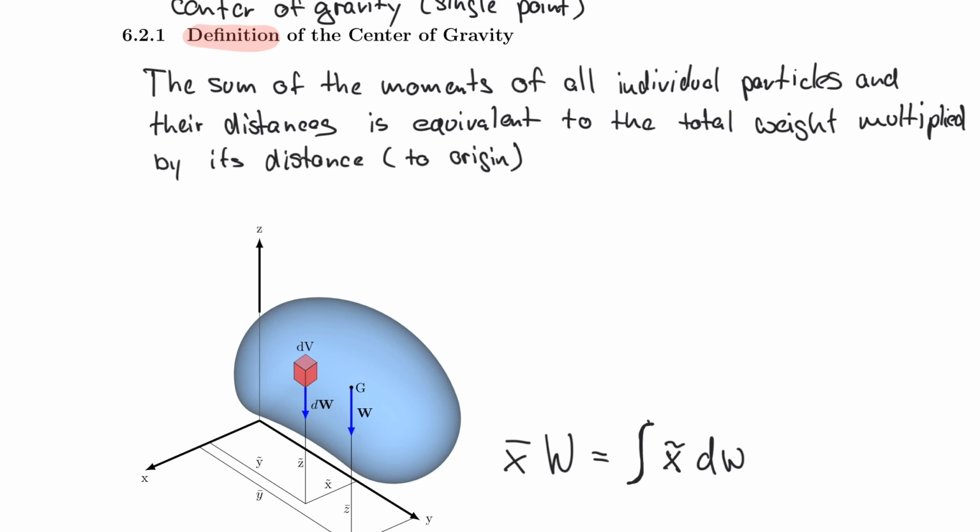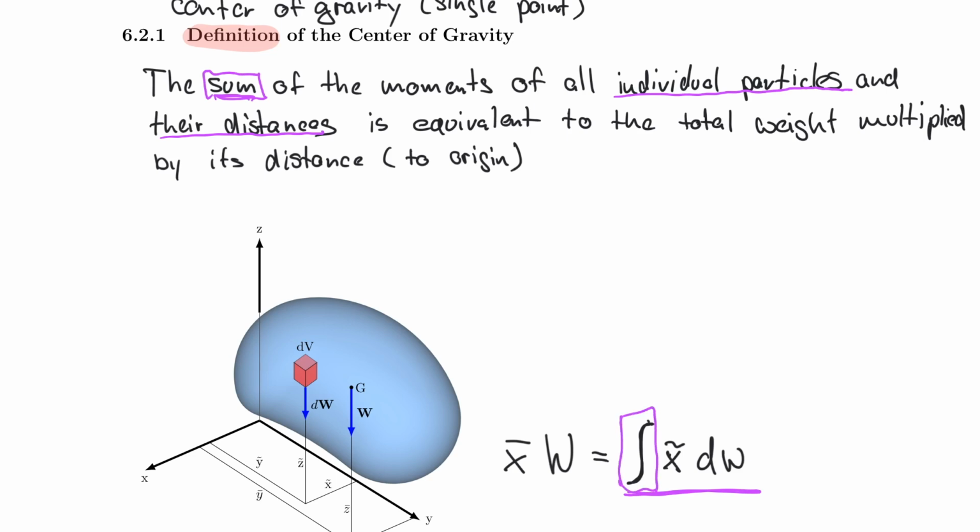So instead of choosing the coordinate origin here, I could also pick this point here, which could be any point in space. And as long as I fulfill that, let's color code it, that the sum of the moments of all individual particles and their distance, so that is this component here. And of course the sum, so let me box that. So that is the sum here.